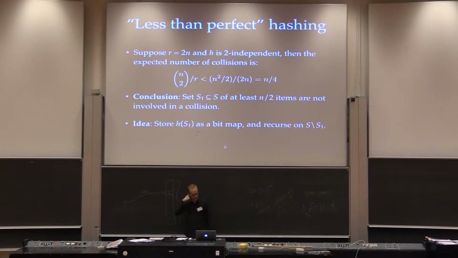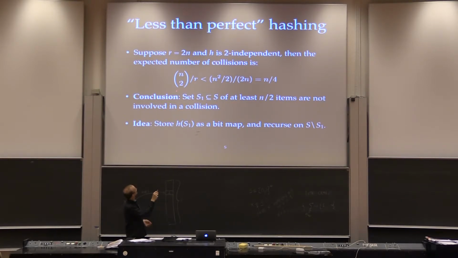But before we go to perfect hashing, I would like to talk about what you might call less than perfect hashing. So suppose that we are aiming to map to a range of size twice the number of items, and the hash function is just 2-independent. Then what we can do is count the number of collisions. How many pairs of items do we have that collide? For each pair we have probability 1 over r that it collides.